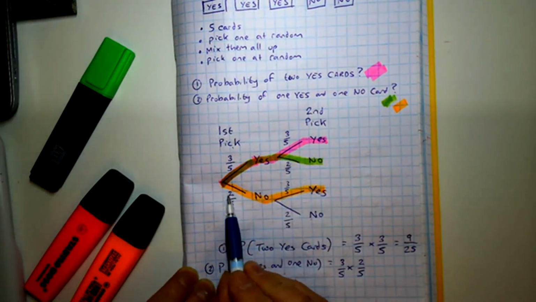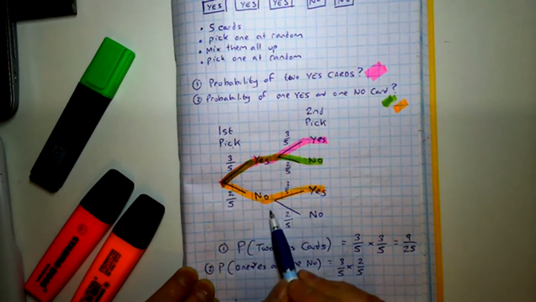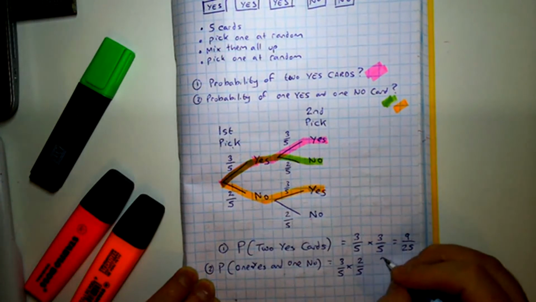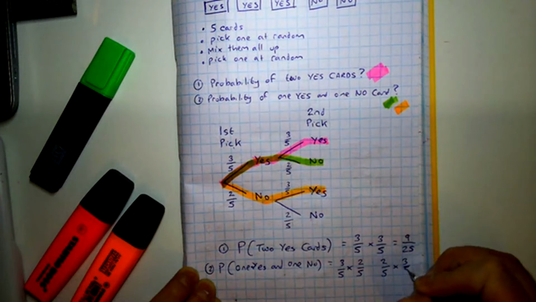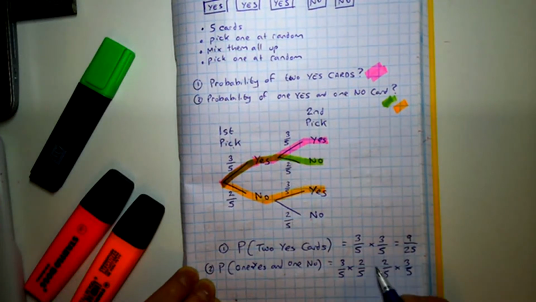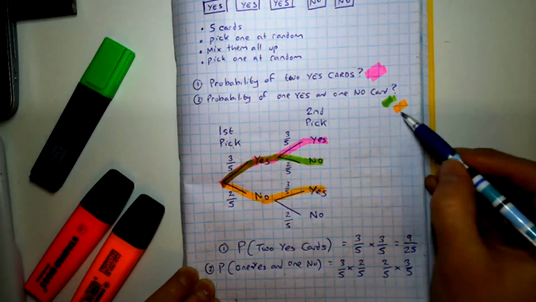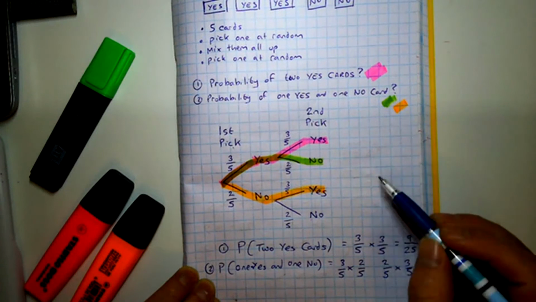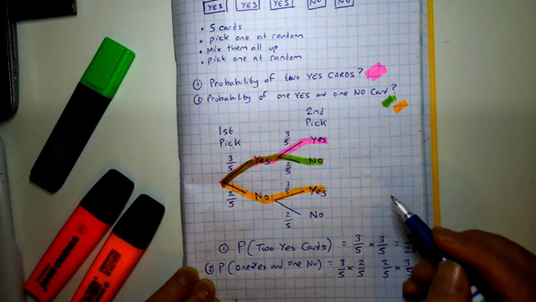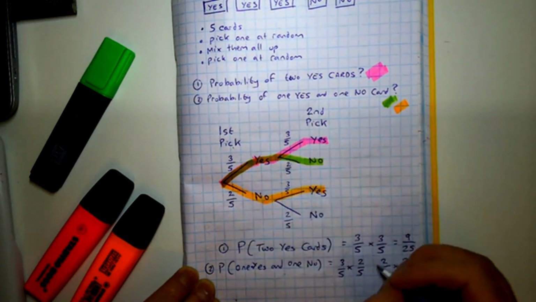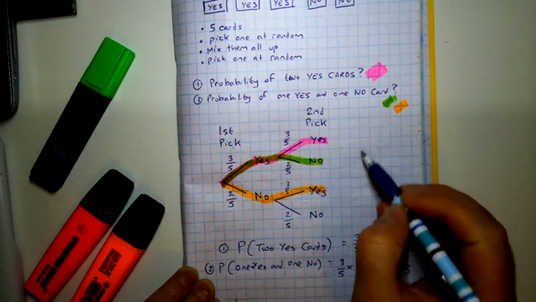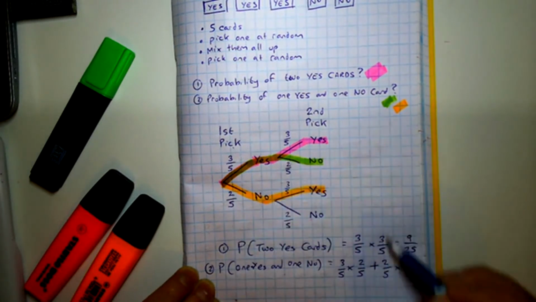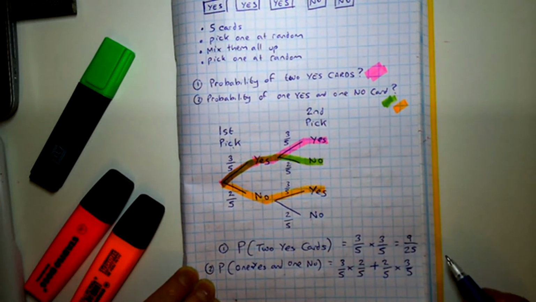And we've also got this timeline, 2/5 and 3/5. And you might be tempted just to put another times sign in the middle, but because they're 2 separate timelines, the green one and the orange one, we're not going to times them, we're going to add them. So you times across the branches, and if you've got multiple different timelines, you add them together.